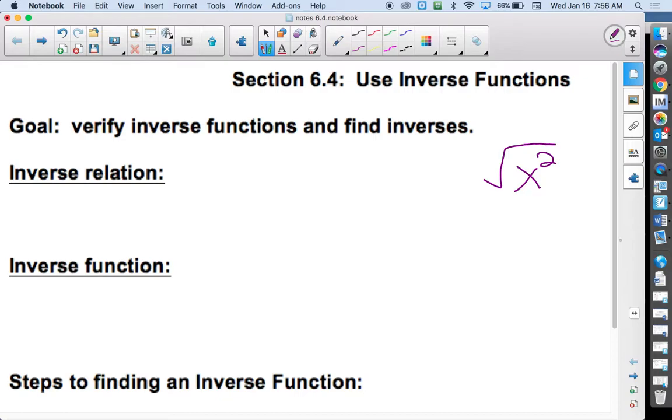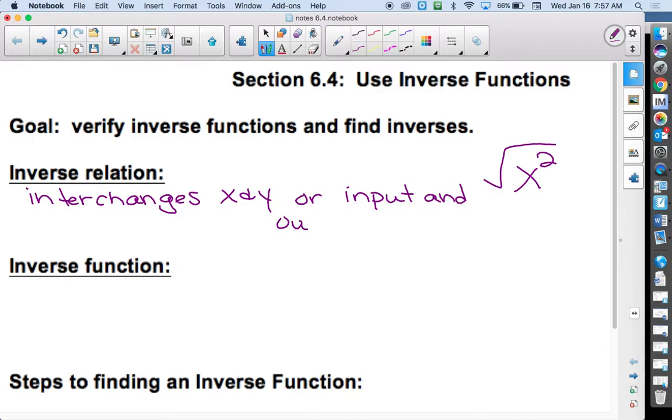So an inverse relation, you can kind of think of it as like the opposite relation, or we're going to say that it interchanges x and y. Or the input and the output values.